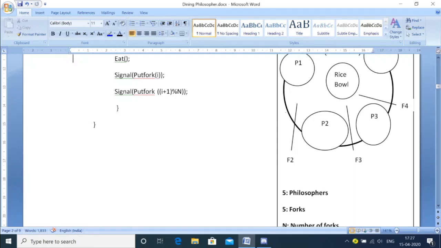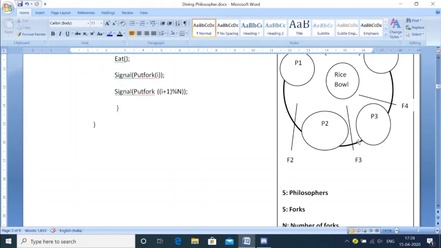The moment we do this, what are we saying? We are saying that forks F2 and F3 have been given to some process, and those forks will not be available to any other process at the dining table. So next time if P3 wants to access F3, will he be able to? No, he will not.